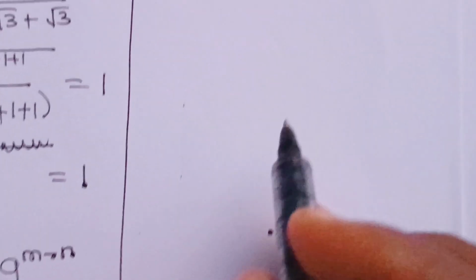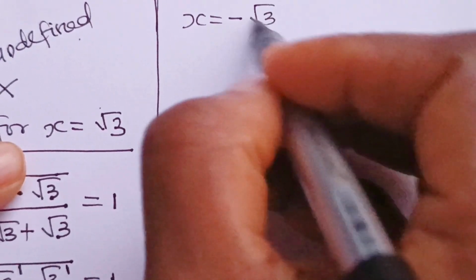I'm trying to draw my line. Now the last one is that x is equal to minus root 3.